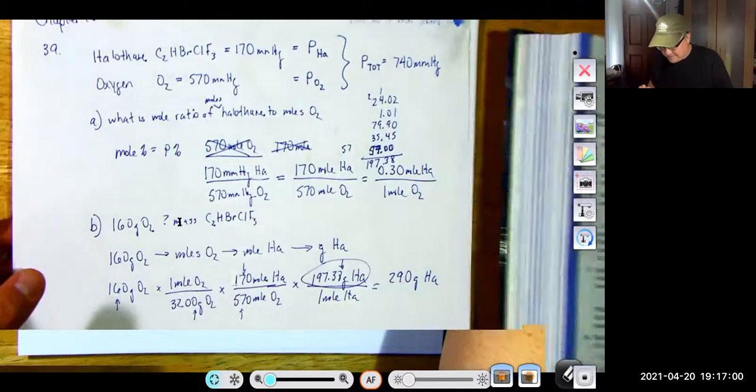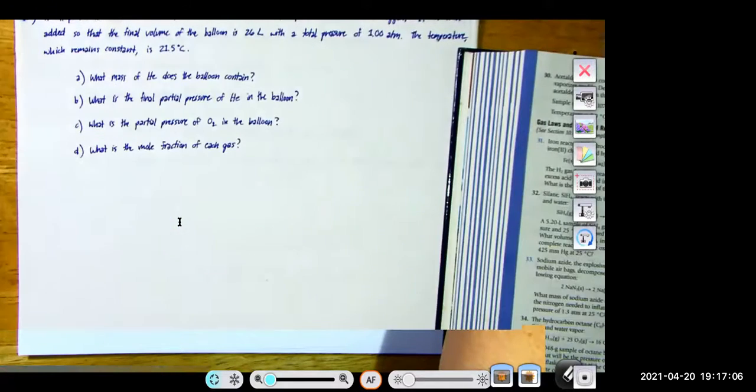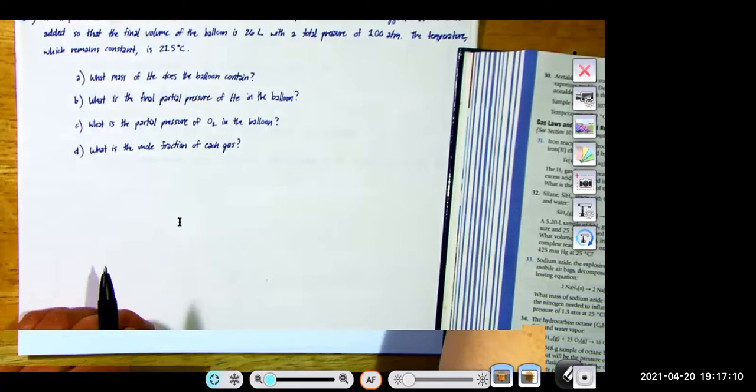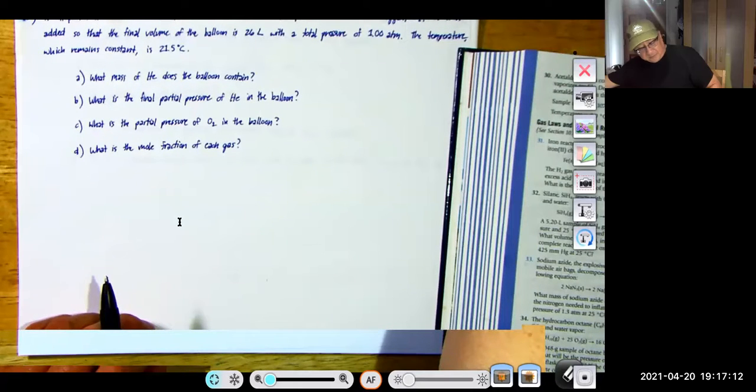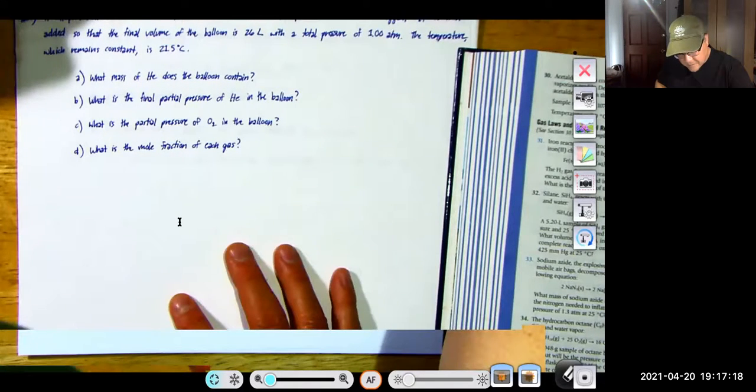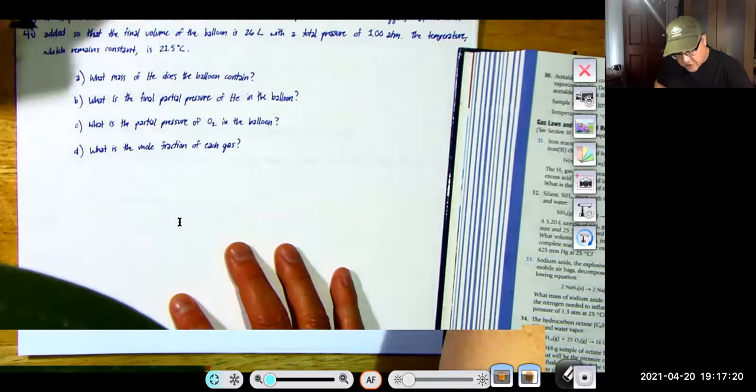Okay. I guess what we've been doing with stoichiometry is kind of the same thing as these equivalencies we're doing. They're just spread out. Yeah, it's very similar. So let's look at number 40. So this is another Dalton.